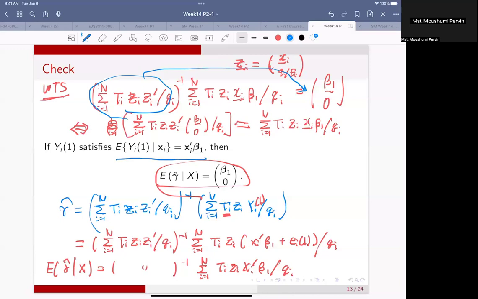But this is actually trivial, right? Because what is this? This is xi prime beta 1 by the definition of this guy. We are done.